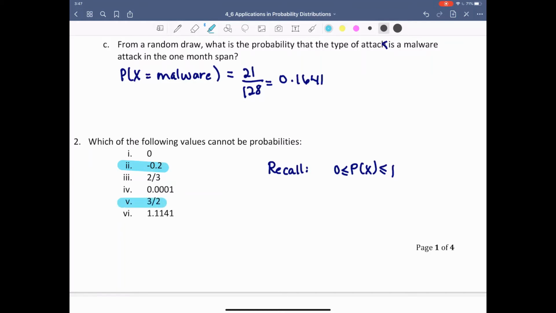So number 5 and number 6 are both greater than 1. So there are 3 different cases that cannot be values for probabilities. The rest of them are acceptable.